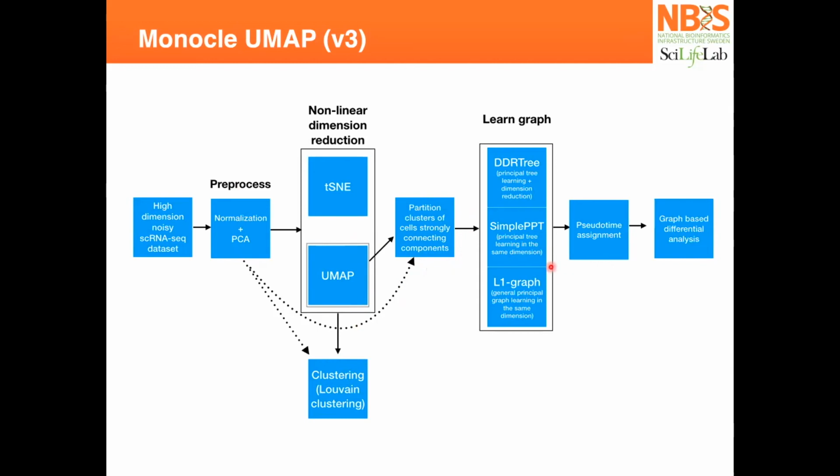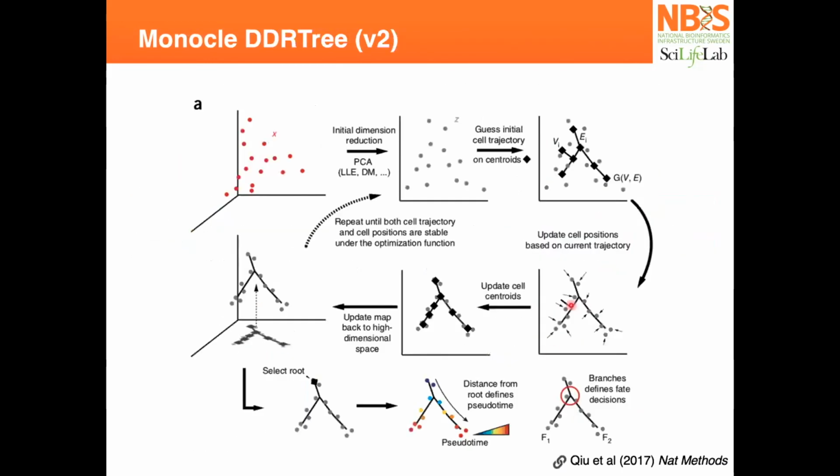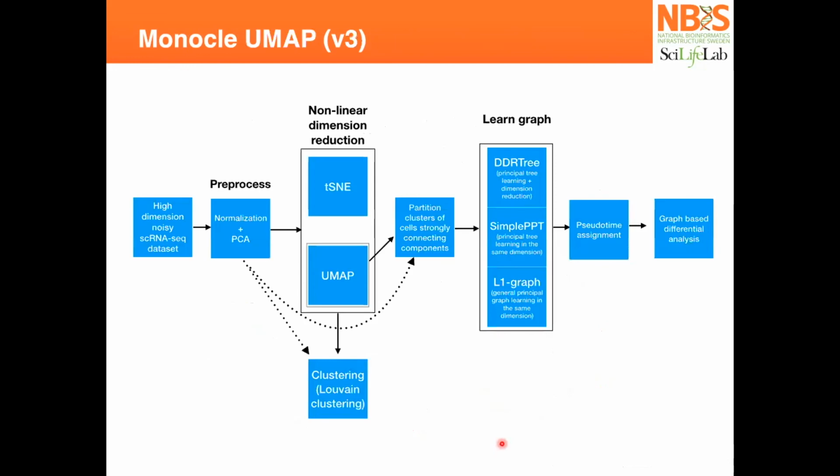And then you find the tree using this DDR tree or the learn graph. And then you find your pseudo-time assignment, like here. So you define what your root is, you have your connected graph. So then the pseudo-time will be the distance from the root. And then you can do differential analysis or differential expression.